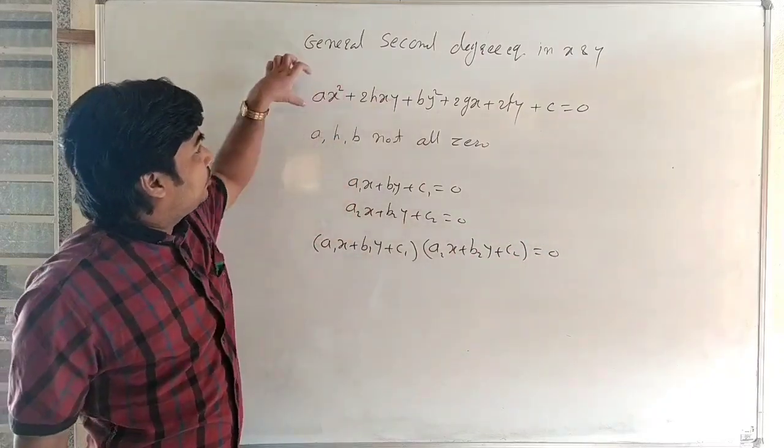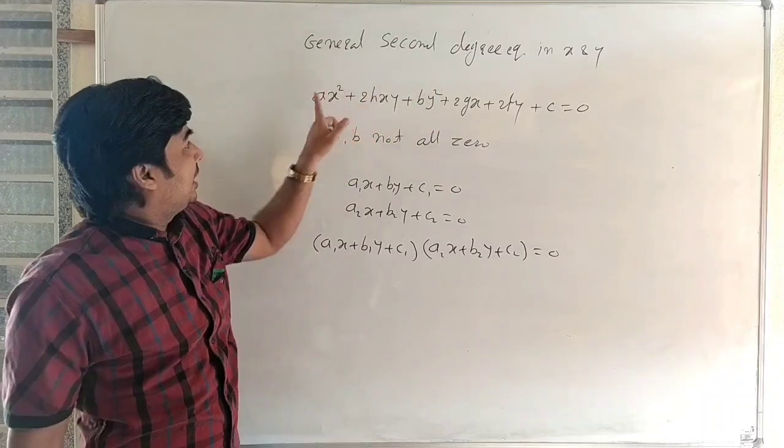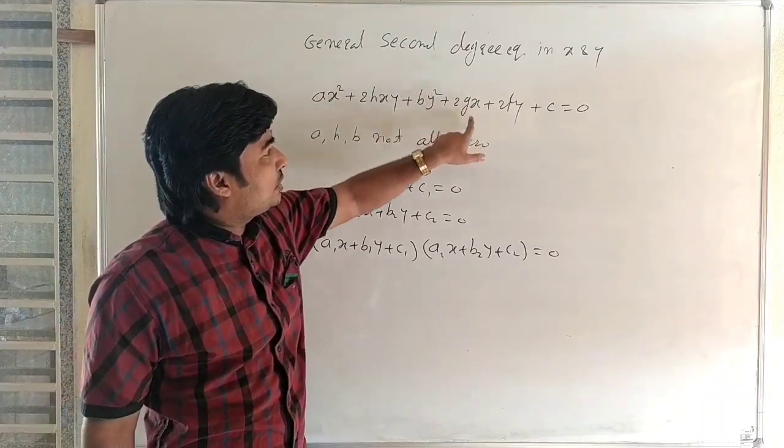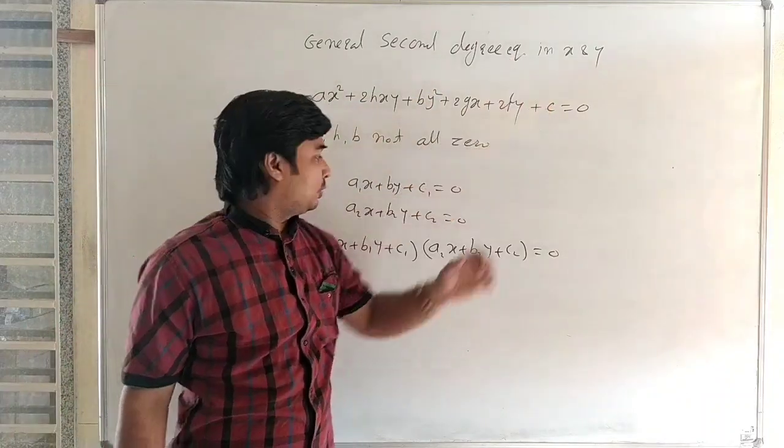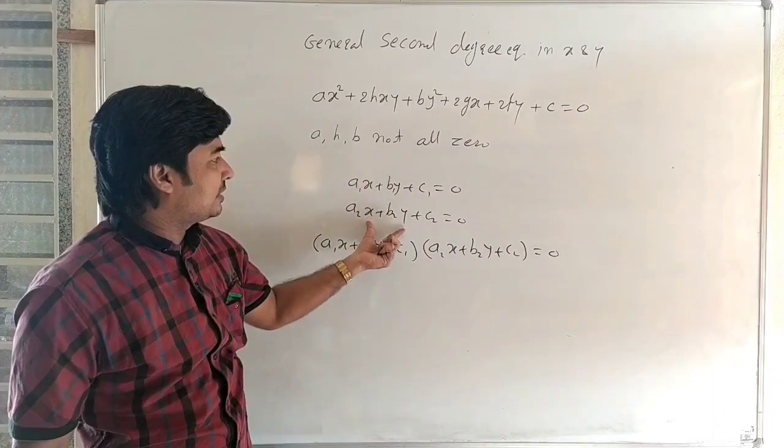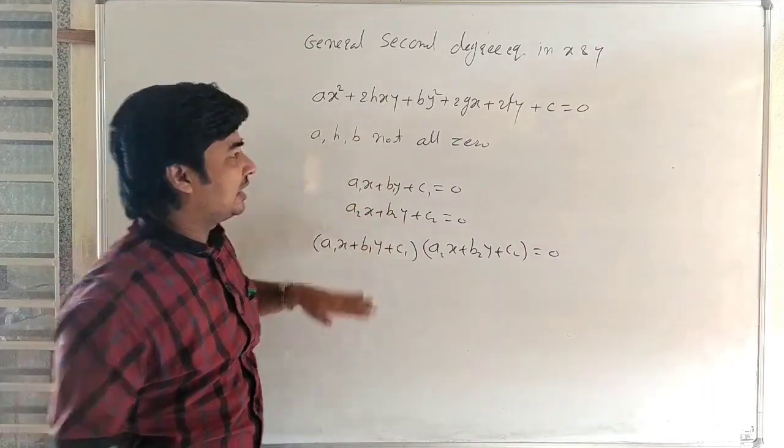Then we take the multiplication, and we get the equation in the form ax square plus 2hxy plus by square plus 2gx plus 2fy plus c equal to 0. The combined equation of any two lines represents the general second degree equation.